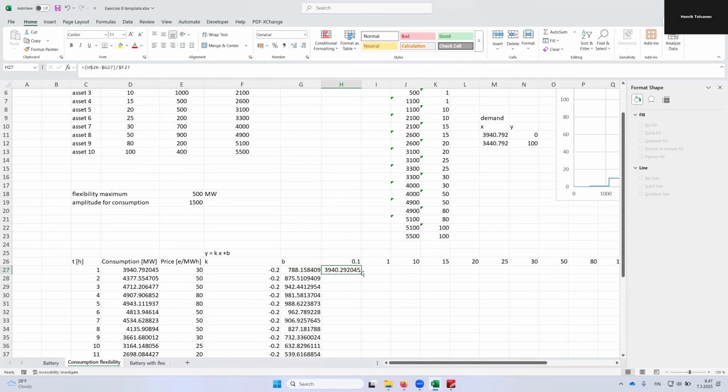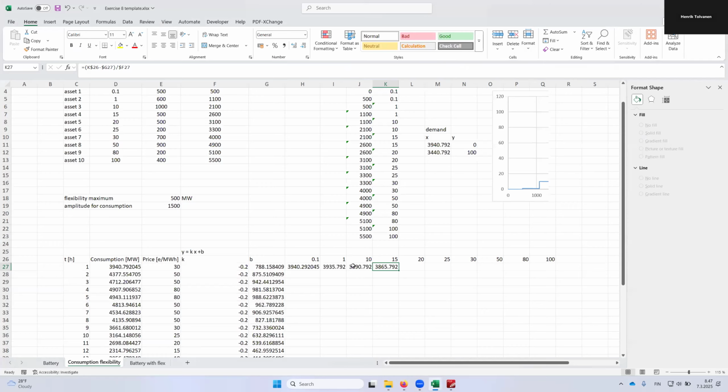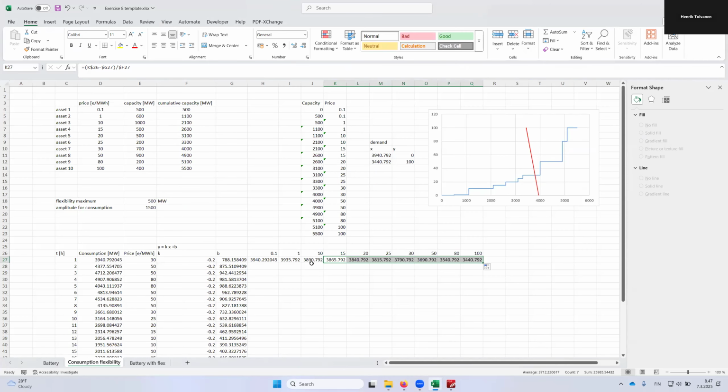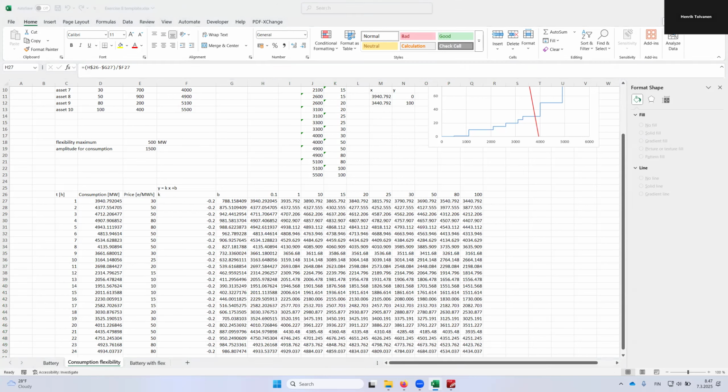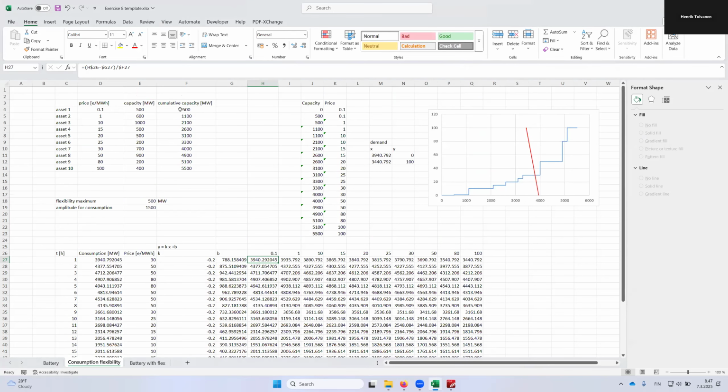Let's see if it works like this. So if I drag it in here, these are going to remain constant, and the price is going to change. Okay. So now that we have all of these calculated, so these are the intersecting points. And what we need after that is to see whether this falls into the capacity range in here.